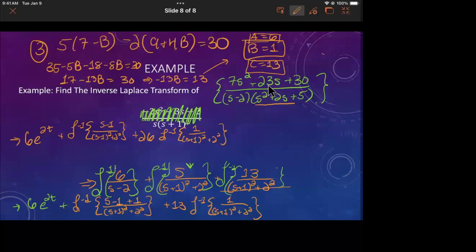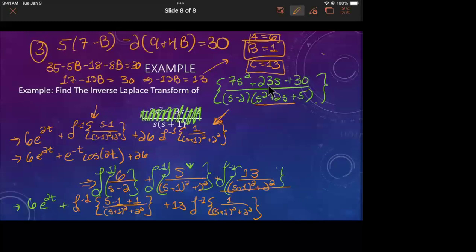Now this is equal to 6 times e to the 2t plus e to the minus t times cosine of 2t plus 26, and this is what we need to compute next.